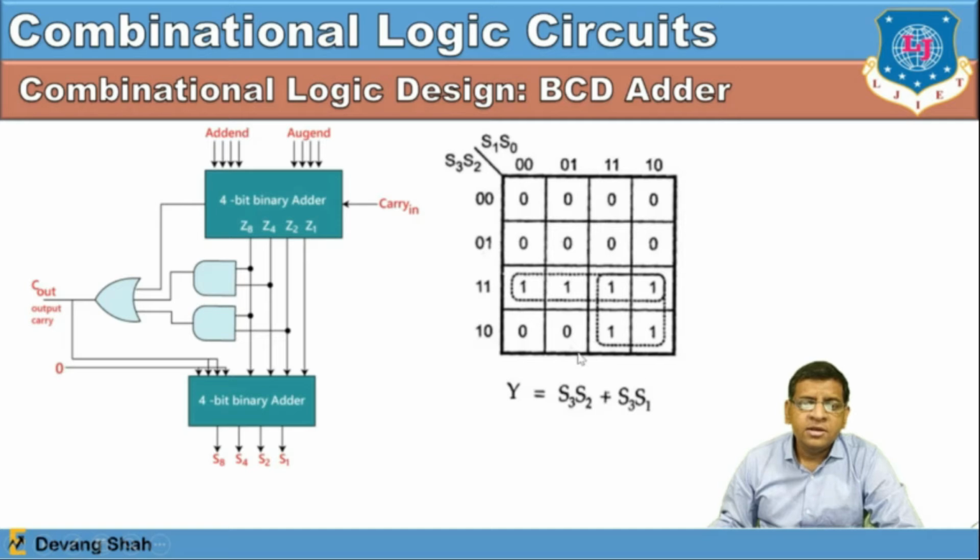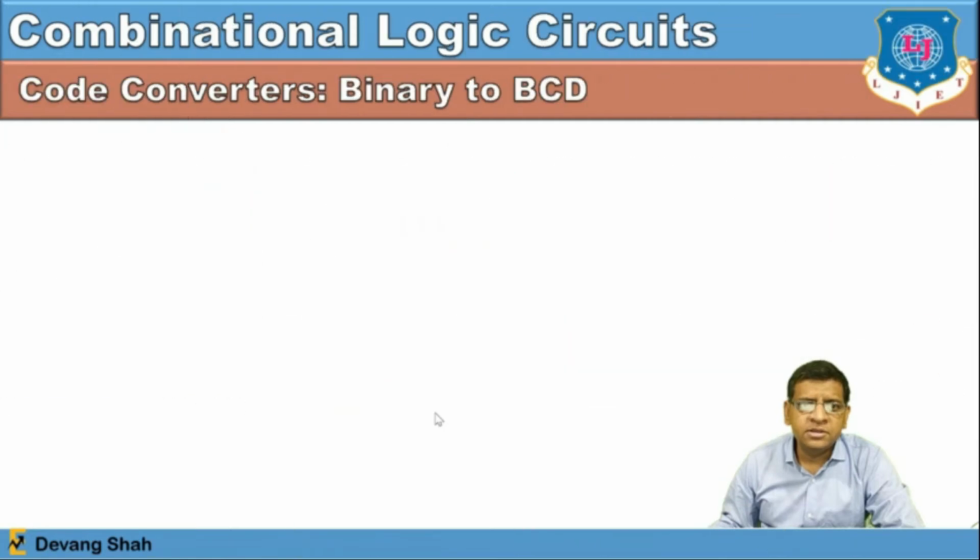That way, you have to use two AND gates with the OR gate, and finally Y becomes 1. That means carry out becomes 1, and if there is a carry, then that will add 0110 in the next level, which is a 4-bit binary adder, right? So here you have to use 2 times 4-bit binary adder, and then you can make the BCD adder, right?